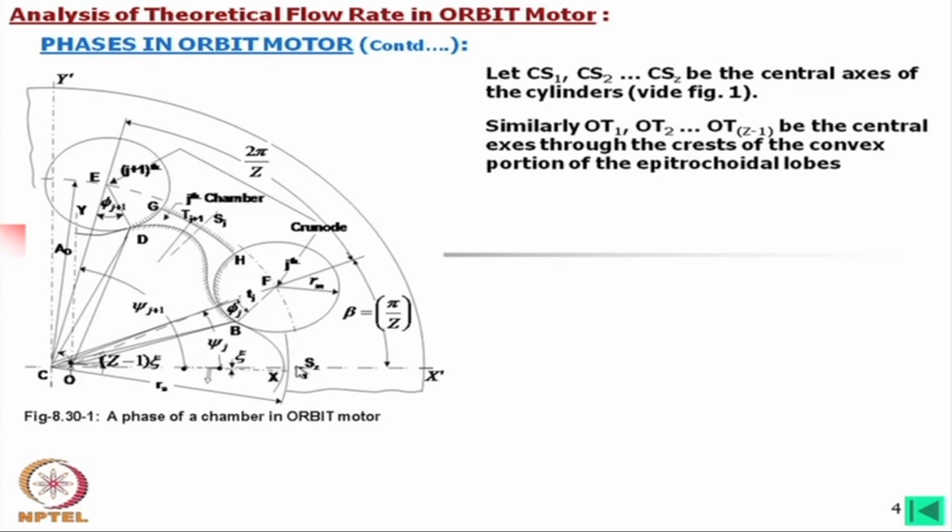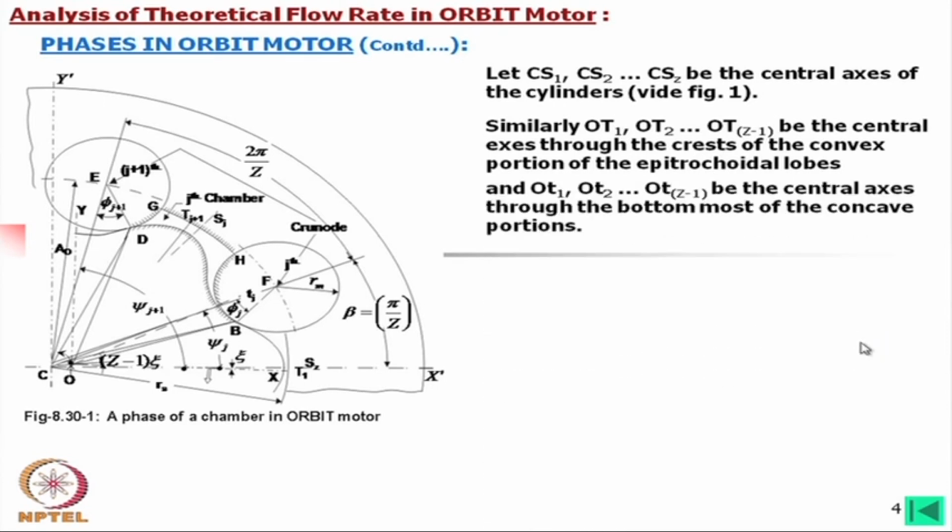If we take the topmost point, the crest point, then we number them O T 1, O T 2, etc. In this case, we have taken O T 1 to be here. It can be named otherwise, but there will be 6 lobes, one lobe less than Z, so the numbering goes up to Z minus 1.